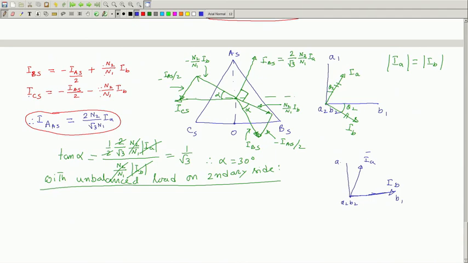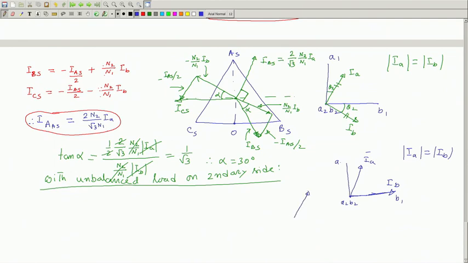The MMF balance equation will not change. Only thing, I will be deprived of this simplification, that the magnitude of I A is equal to the magnitude of I B. We crossed out that separate thing. So, its reflected current will be I A S, this I A you have to take in phase with this.